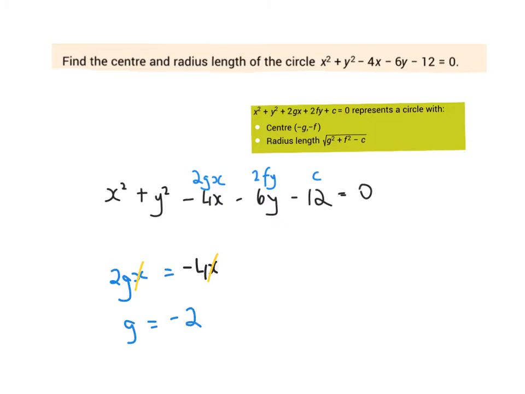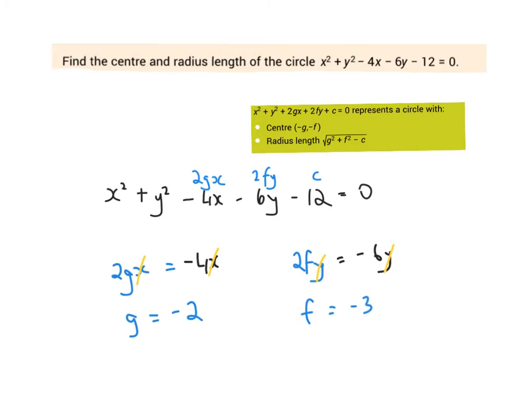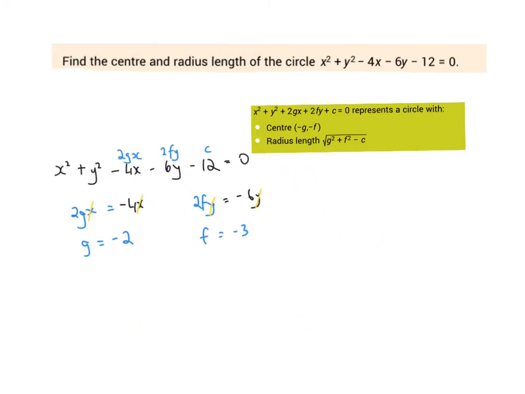And here we have 2fy is equal to minus 6y. Again, our y's cancel here. And so f is equal to, well, minus 6 divided by 2 is minus 3. And so our centre then is minus g, minus f.